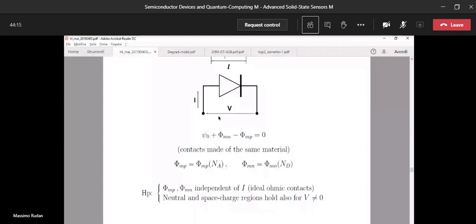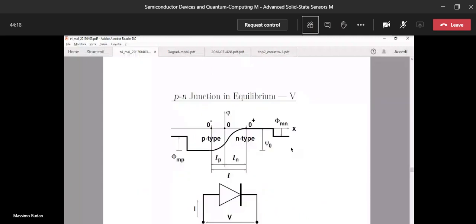That means that the ideal contacts are those such that the difference in the work function, that is phi mn, or in the other case, phi mp, do not depend on the current that flows in the structure. So when we go from the equilibrium to the non-equilibrium situation, phi mn stays the same and phi mp also stays the same. They do not change. So this is hypothesis number one.